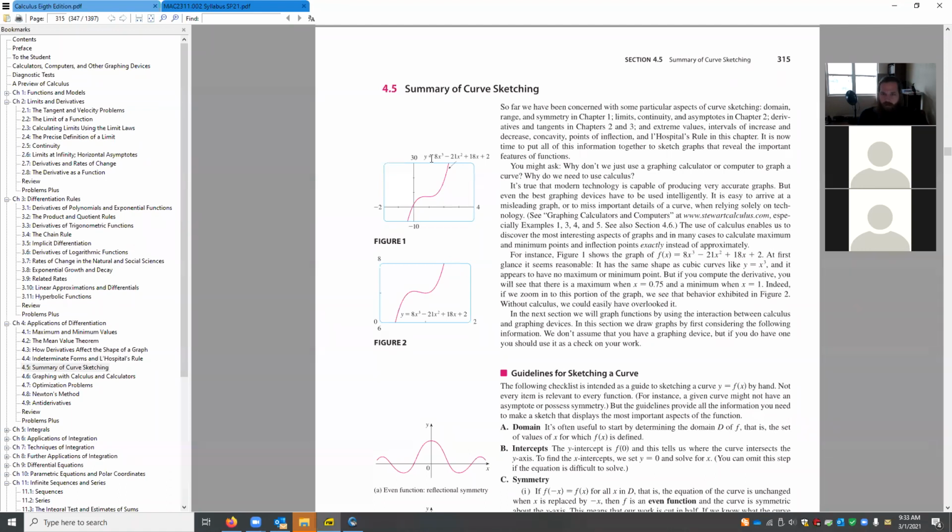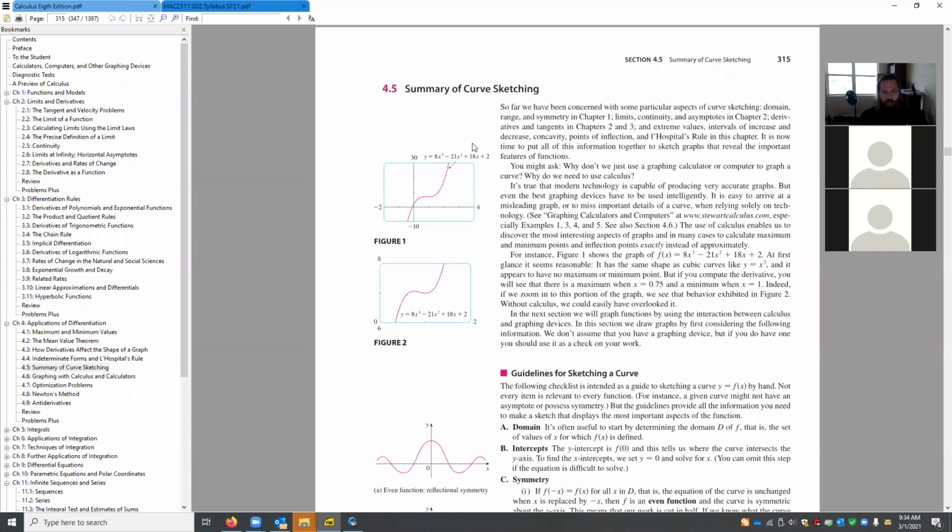What we can do instead is run through a really nice procedure. That procedure involves, among other things, finding where your function is increasing and decreasing, finding where your function is concave up and concave down, finding where you have mins, maxes, inflection points, asymptotes, all of those things, and then putting all of those pictures together with a few points, not a bunch of points, to get a really sweet looking graph.